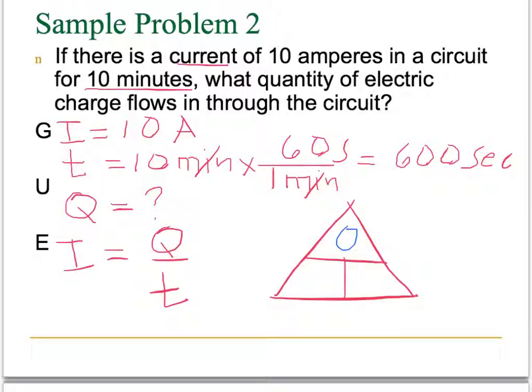So you have Q, I, and T. So since we are looking for Q, notice we are looking for this, and I and T are side by side, so meaning you have to multiply that. So therefore, the equation for Q would be simply I multiplied by T.